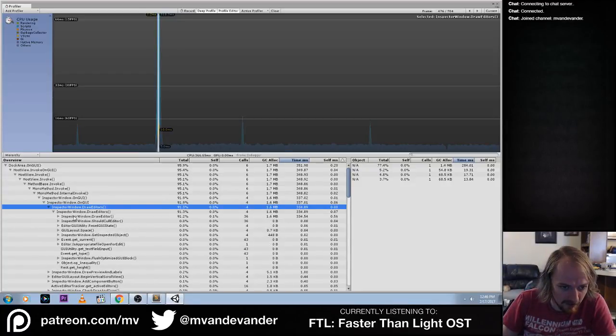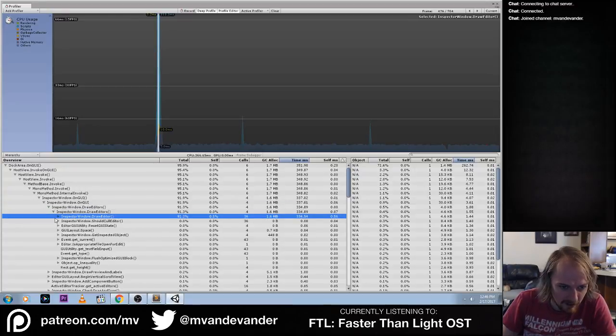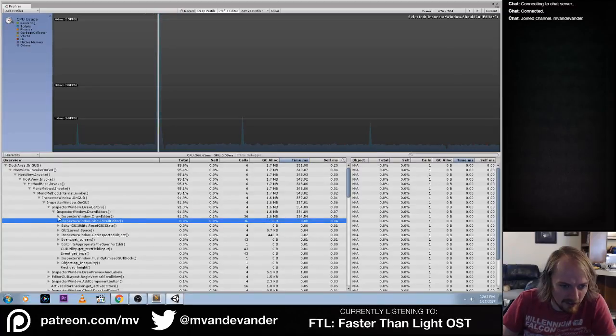God, what is all this? Can somebody at Unity tell me why this call stack is so deep? What is it doing that it needs to go through this many layers of code? Method base invoke, mono method invoke, mono method internal invoke, inspector window on GUI, inspector window on GUI, inspector window draw editors, inspector window draw editor. Why is that?